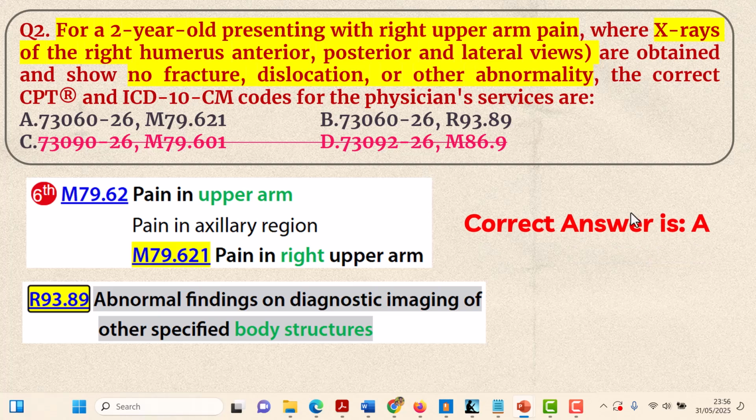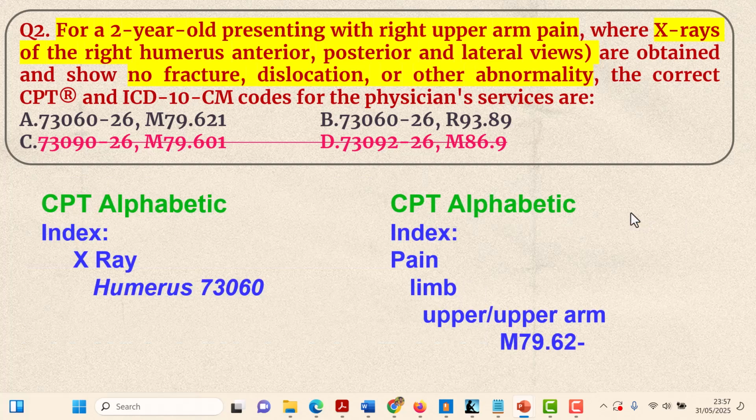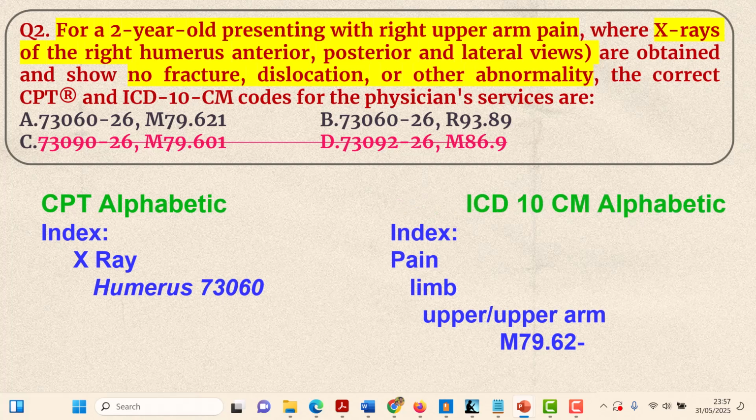If you encounter this case in a real working scenario, you have to use the index of the CPT codebook and ICD-10 codebook. In the CPT alphabetic index, go to X-ray, then go to the subcategory of humerus. It will lead you to the code 73060. Again, go back to the tabular list and confirm the answer.